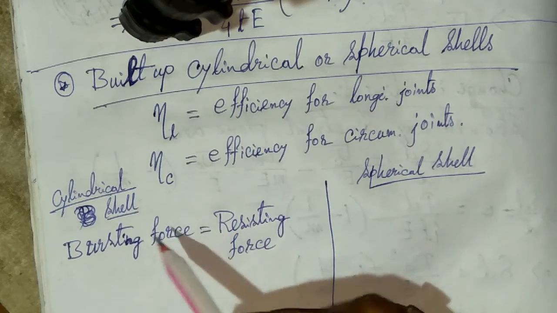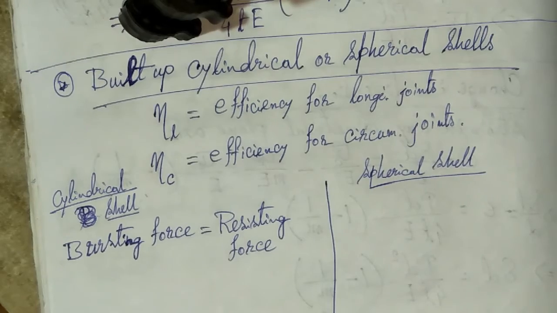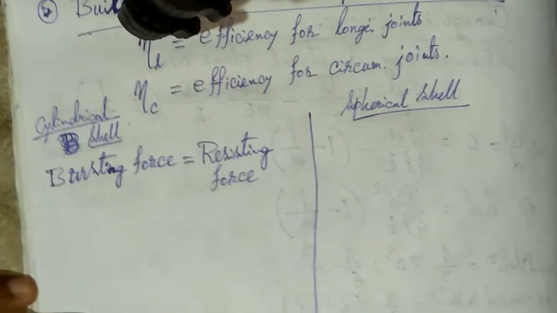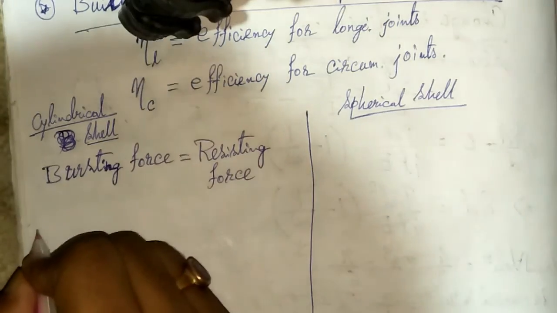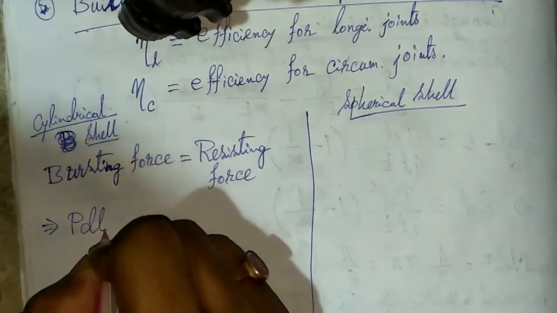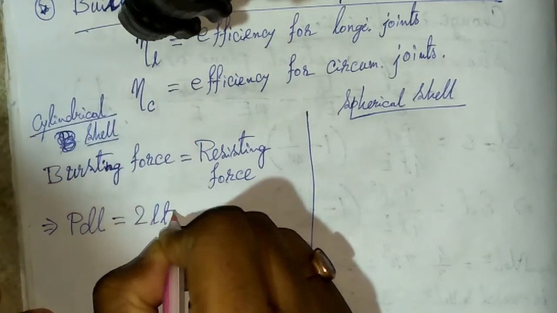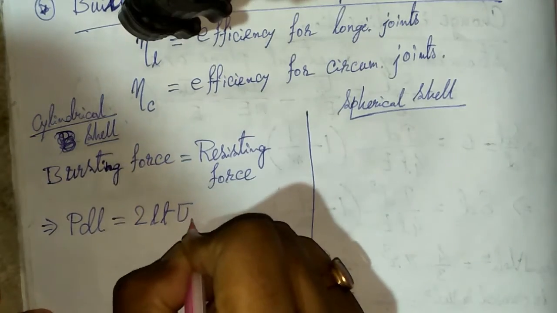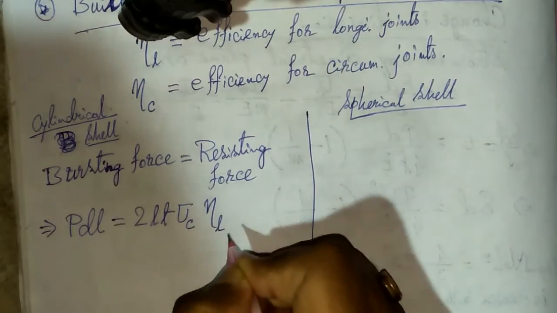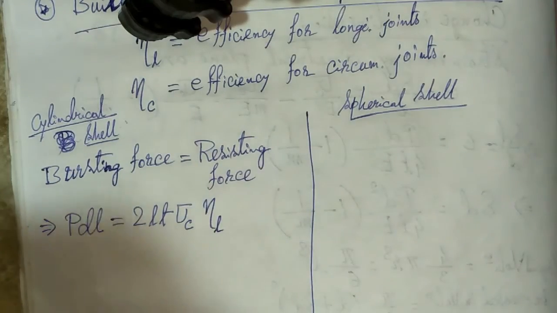Okay, so in case of a cylindrical shell, the bursting force is equal to the resisting force. So we can simply write that P d L is equal to 2 L T sigma C into eta L, where eta L is the efficiency for longitudinal joints.